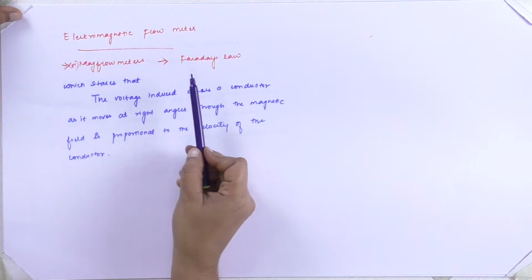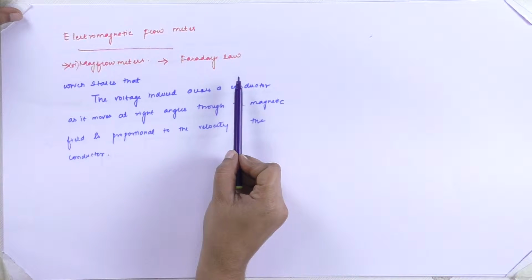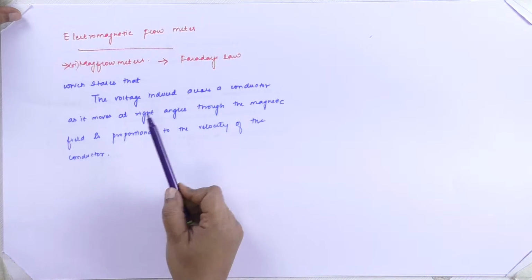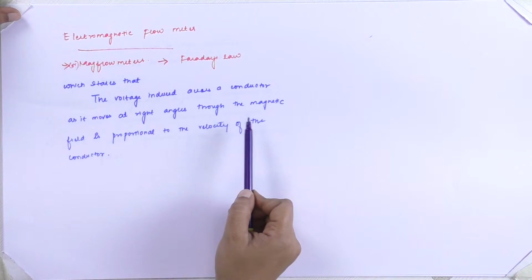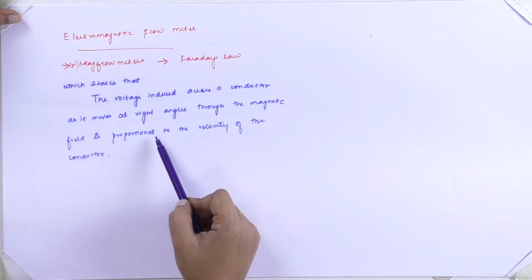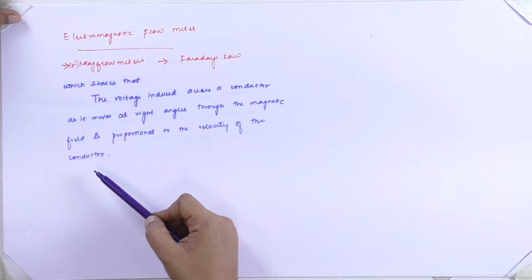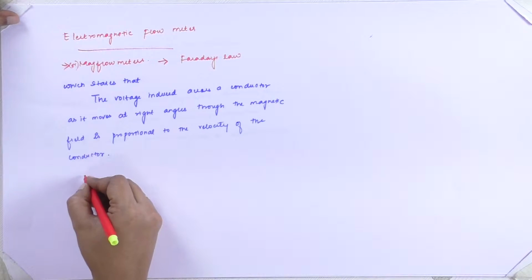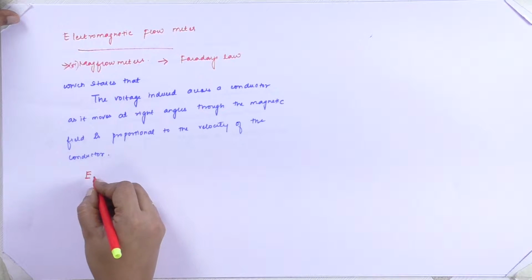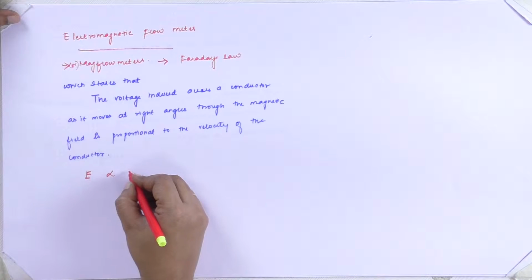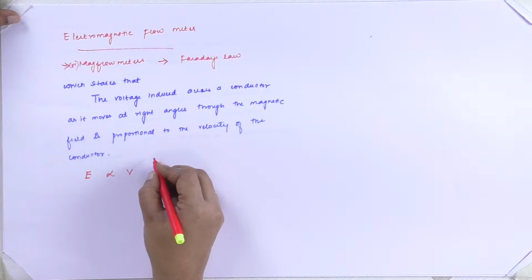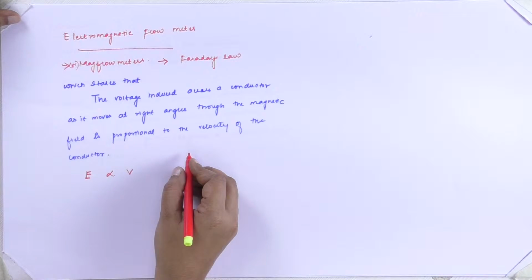So the operation of this electromagnetic flow meter depends on Faraday's law of electromagnetic induction, which states that the voltage induced across a conductor when it moves at right angles to the magnetic field is proportional to the velocity of the conductor. So we can write the equation: the voltage induced or generated in the conductor is directly proportional to the velocity of the conductor, that is the fluid flow here.